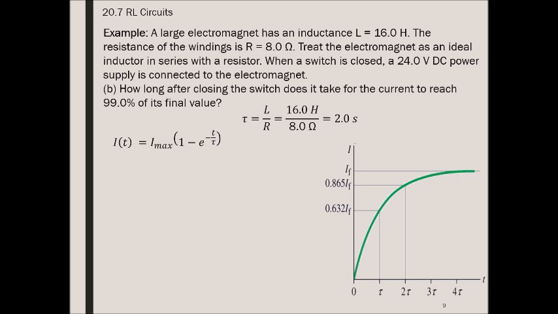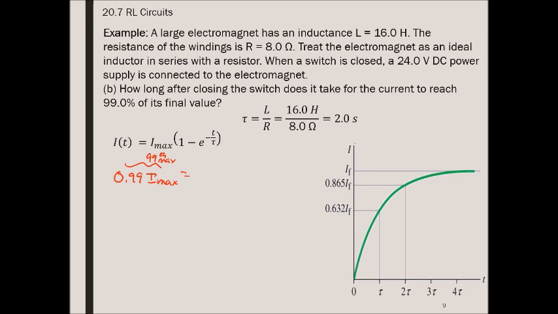And how we do that is we're going to use the formula for current as a function of time. And again, since current is increasing, it's 1 minus e to the negative t over tau. And so 99% of maximum value means I'm going to multiply the maximum value times 0.99. So this says 99%, right?